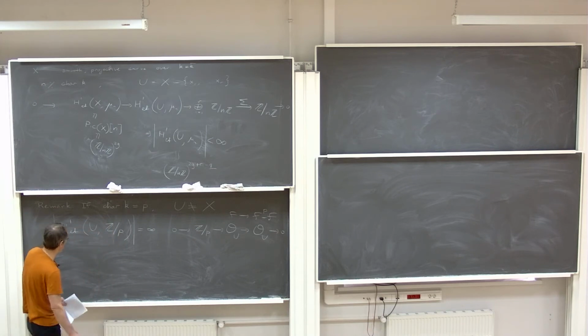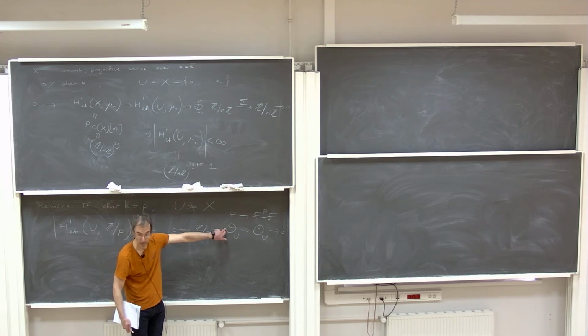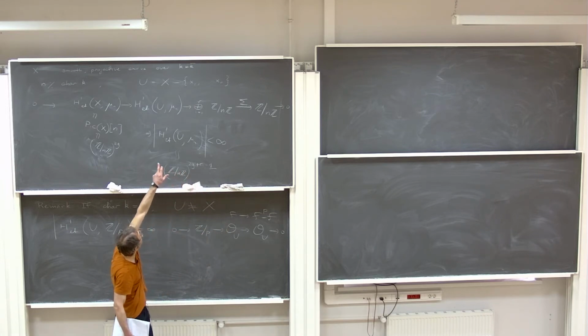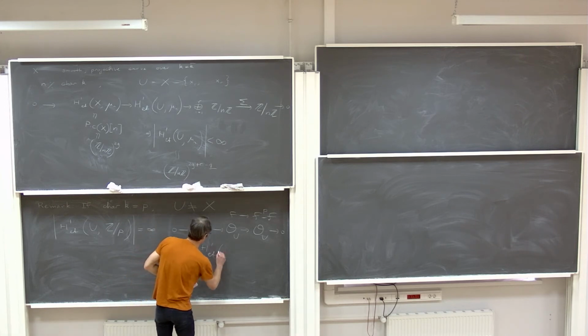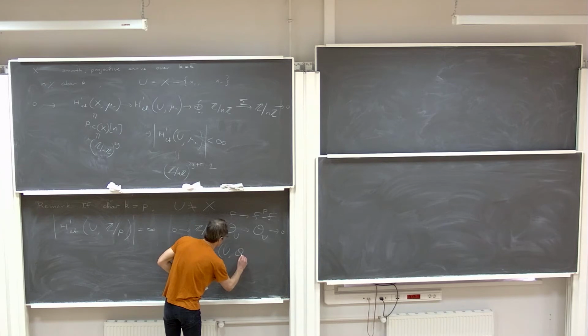And consequently, using the fact that the first étale cohomology of any quasi-coherent sheaf is the same as Zariski cohomology of this quasi-coherent sheaf, so if U is not X, then U is affine. So this H1 étale of U with coefficients in O is 0, right?